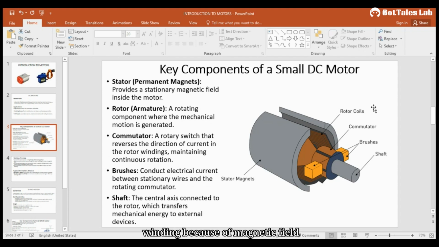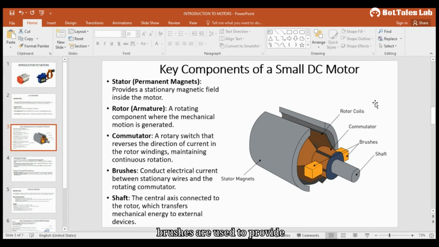Because of the magnetic field, current is generated, and because of this current, the armature rotates, and connected to that armature are the commutator and brushes. As the armature rotates, we can say the rotor rotates, the commutator rotates, and accordingly the shaft rotates. The commutator is used to change the direction of our motor, that is, till half turn our motor will rotate in one direction, and after that our motor will rotate in another direction.